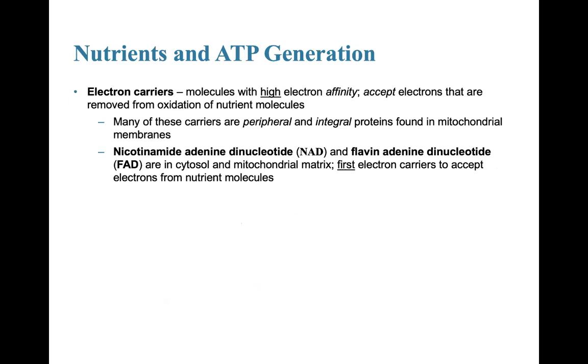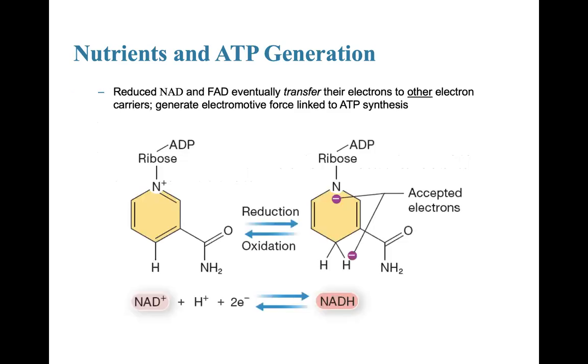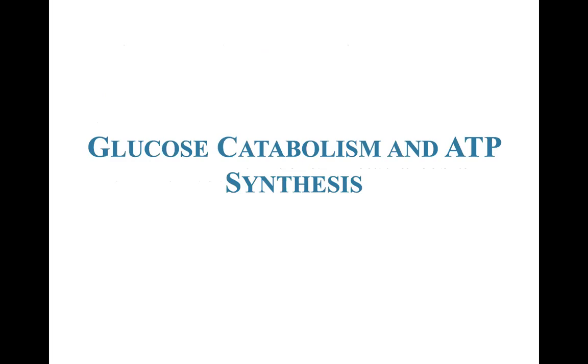Many of these carriers are peripheral and integral proteins found in the mitochondrial membranes. And again, NAD and FADH are your two primary electron carriers that we typically see. And their job is to just shuttle those electrons from a pathway, such as glycolysis, and they will pick up those electrons that got released by the oxidation reactions, themselves becoming reduced now.